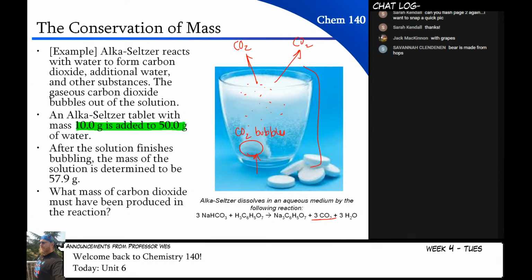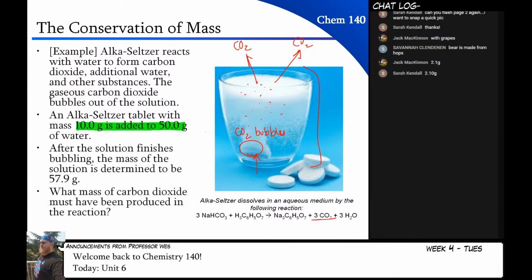So how many grams of CO2 must have been produced in the reaction with this data? There you go, very good. And how do you get that number?